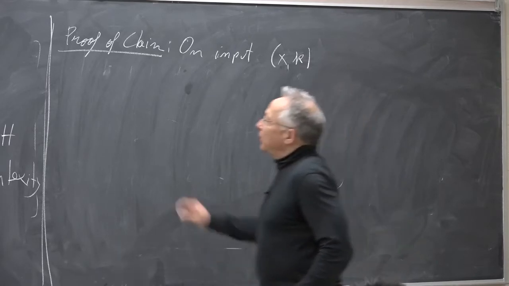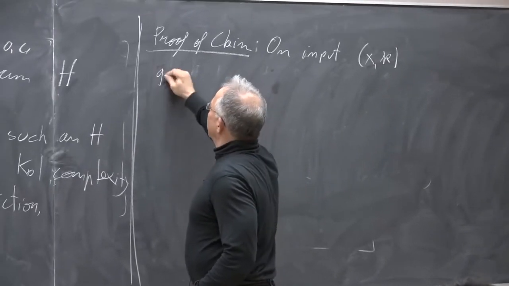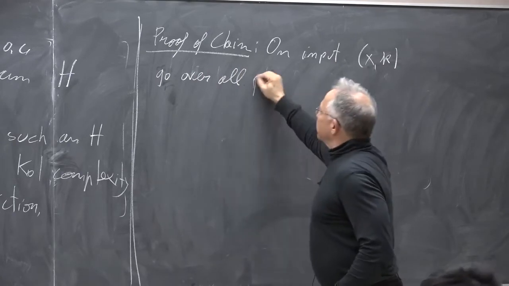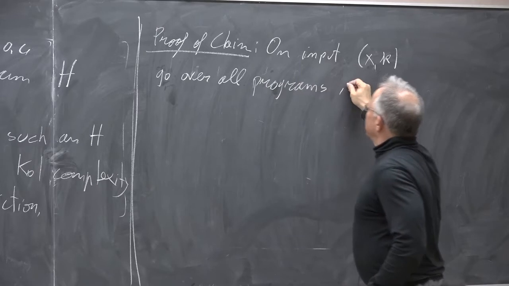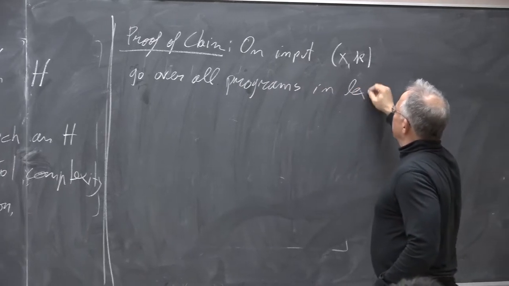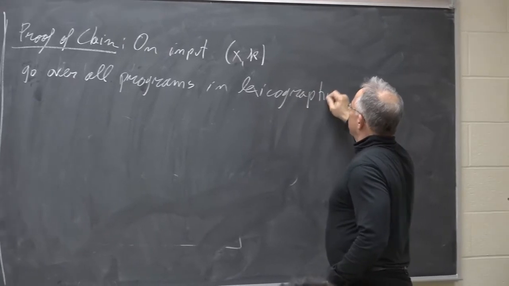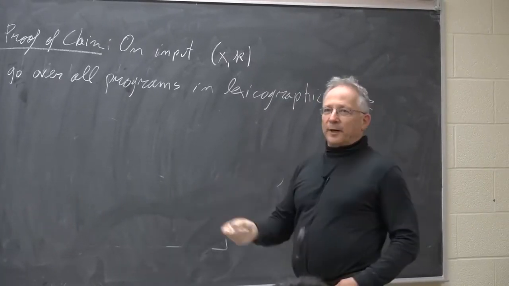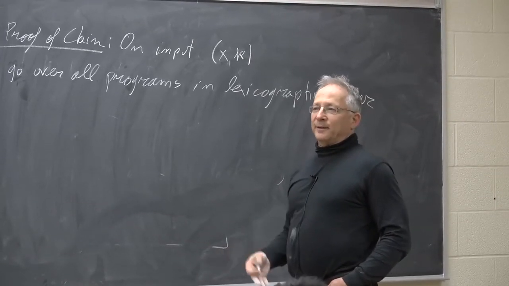You just go over all programs in lexicographic order. So you start with the empty program, and for every string just check if it's a program or not.